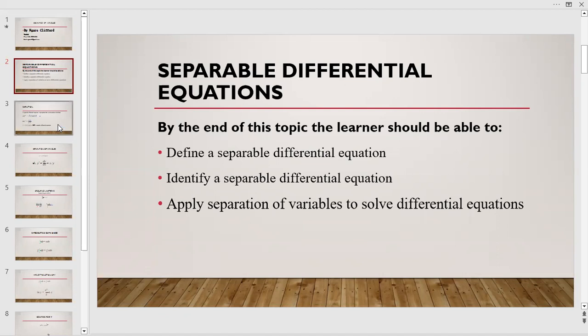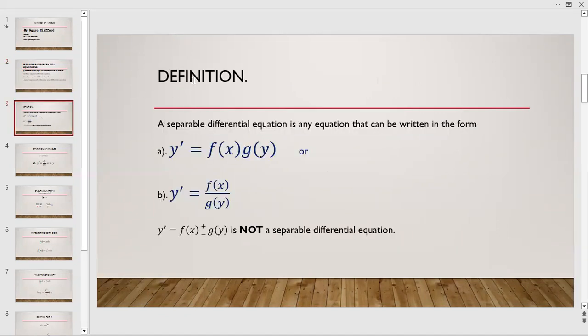Now, in our next slide, Kennedy, can you please read for us the definition of a separable differential equation?